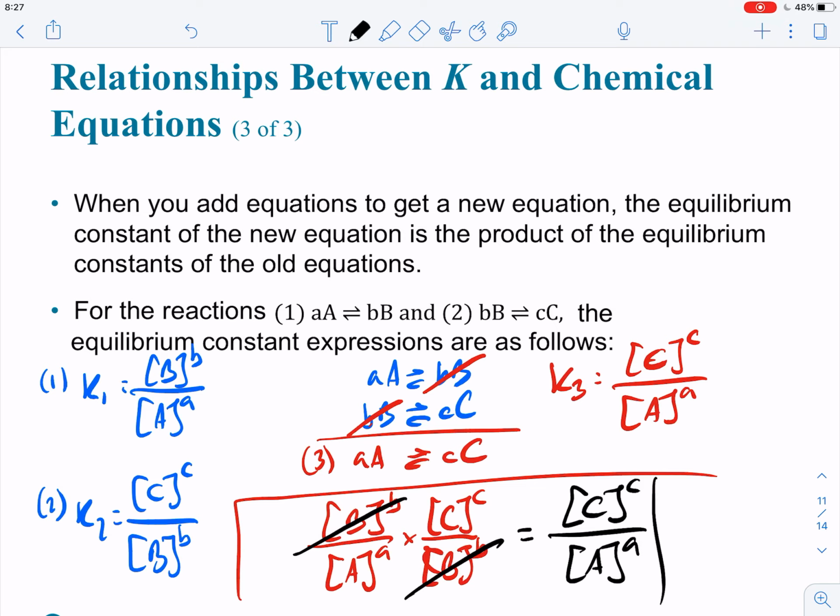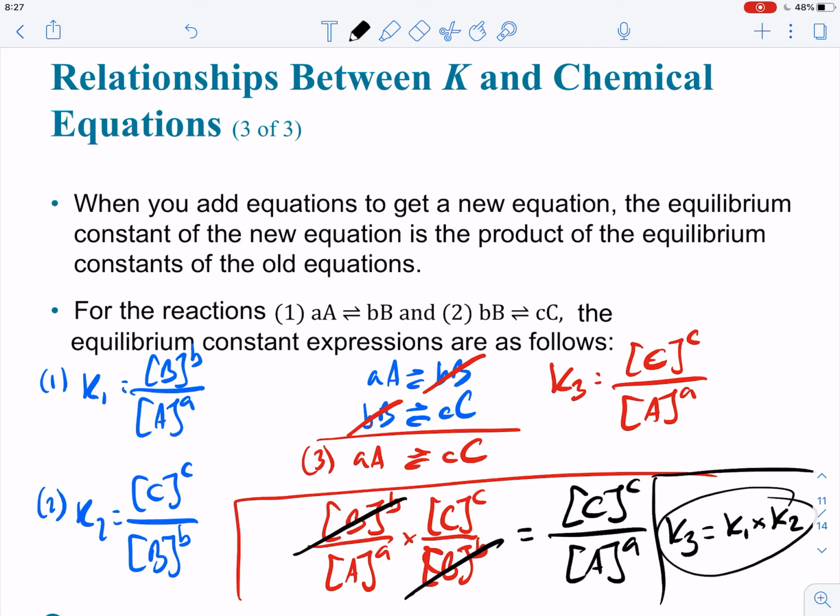So what is the fundamental relationship here? K3 is equal to K1 times K2. So the take-home message here, and yes, you have to memorize this one as well, is that if you add chemical equations at equilibrium and you want to determine what the new constant is, then you multiply the equilibrium constants.